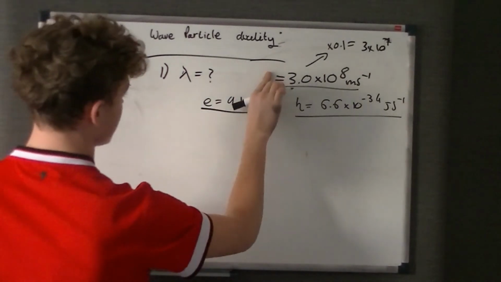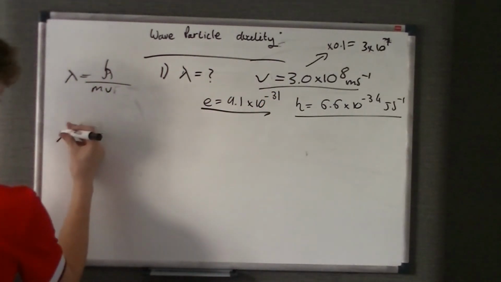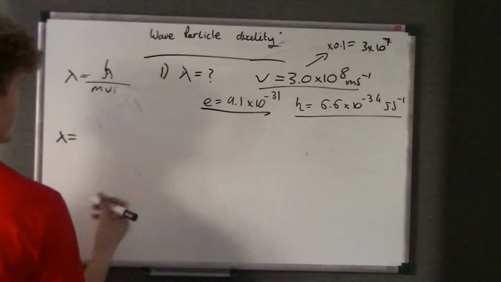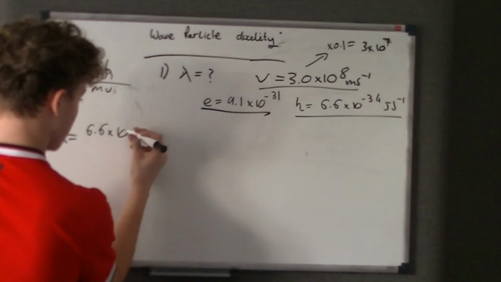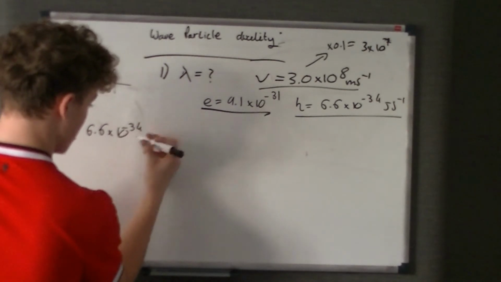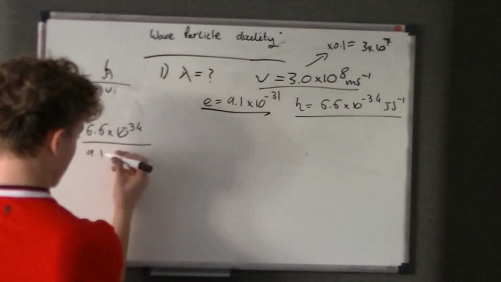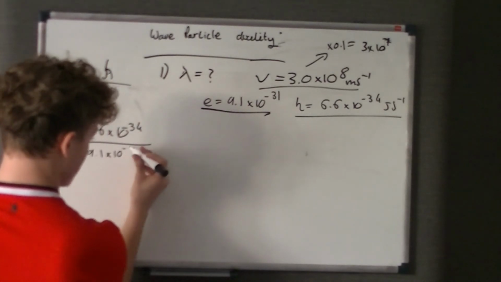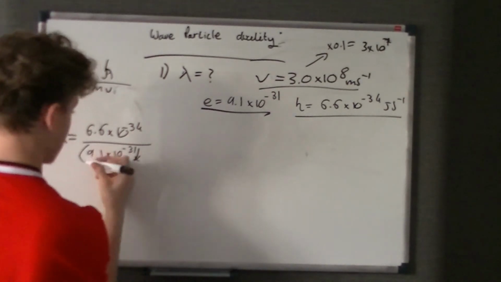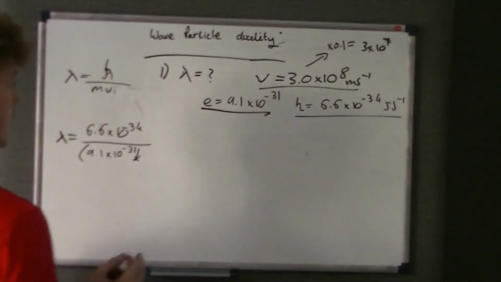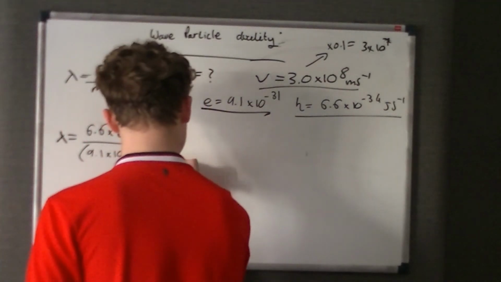So we just put all the standard things into the wavelength formula: 6.6 times 10 to the minus 34 over mass times velocity, which is 9.1 times 10 to the minus 31, times the velocity, which is 3 times 10 to the 7.